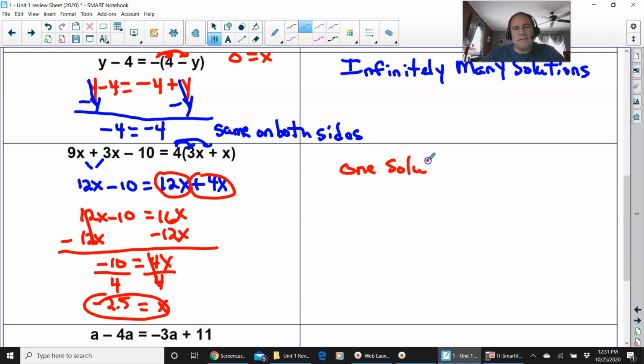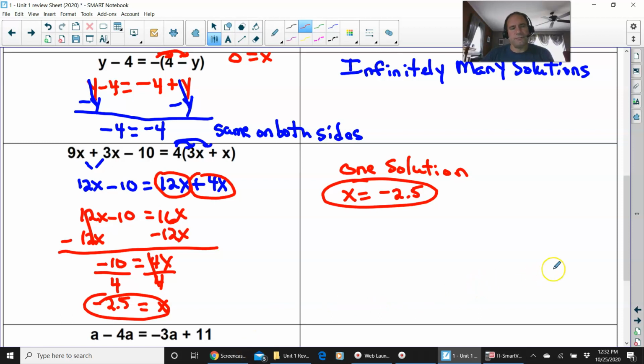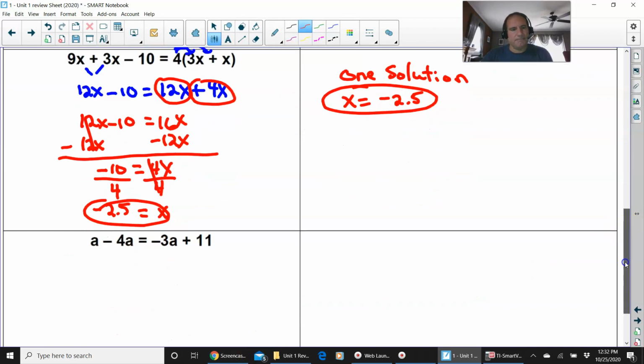And you can tell that there is one solution when the coefficients of x are different. There's definitely going to be one solution. So you could have stopped right here. We would give you full credit, but we would like to see what that one solution is. And that is the one solution. Hopefully you got that right.